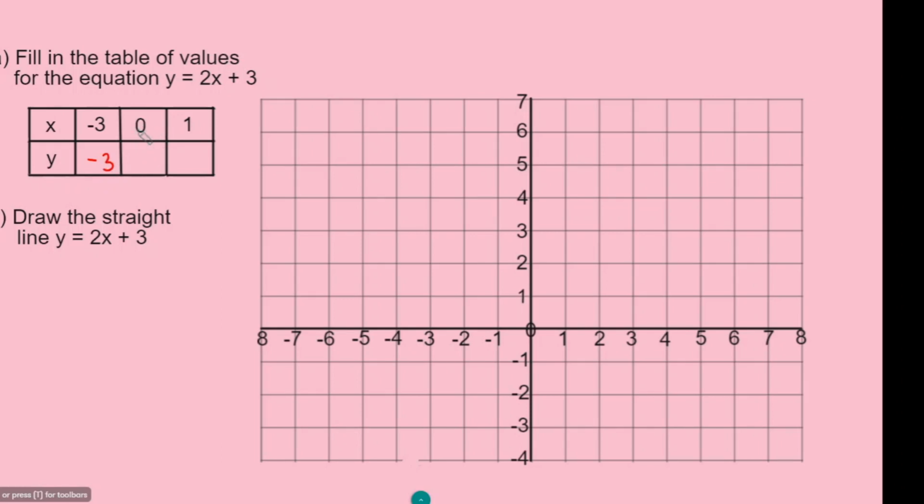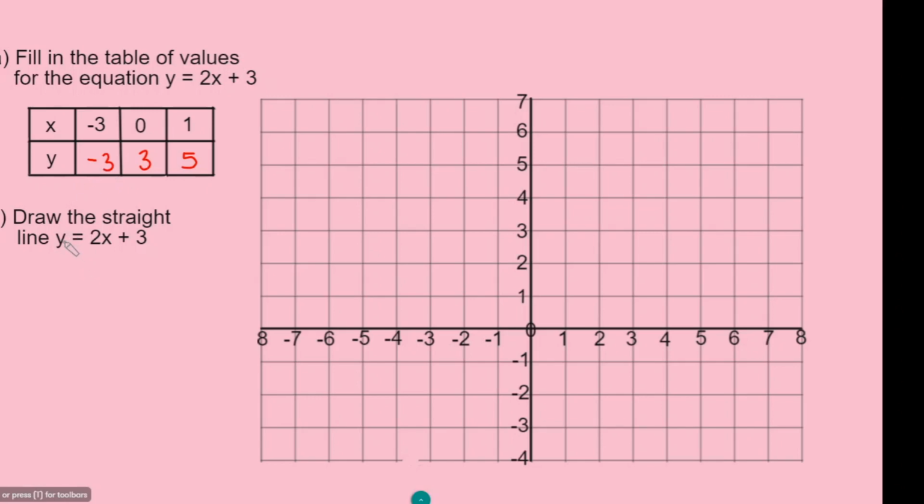Next, when x is 0, y becomes 2 times 0, which is 0, add 3, 3. Next, when x is 1, y becomes 2 times 1, 2, add 3, 5. So this table is now filled.